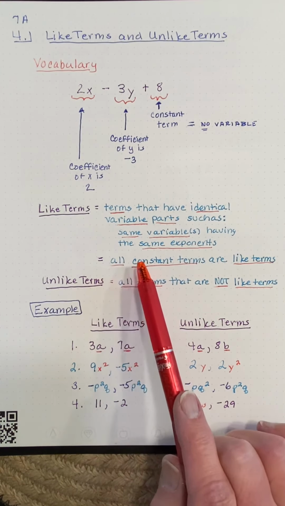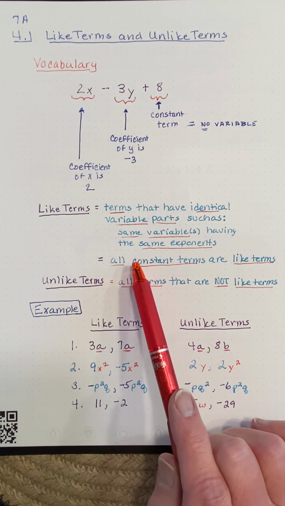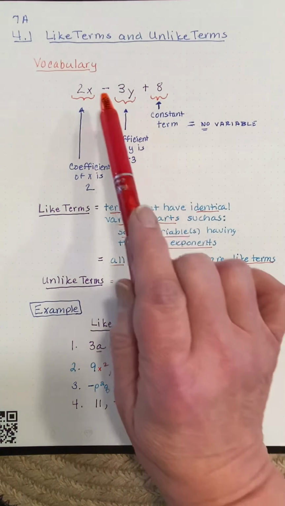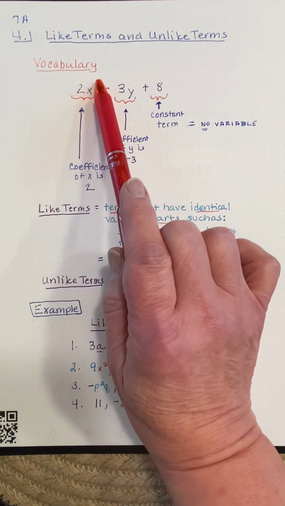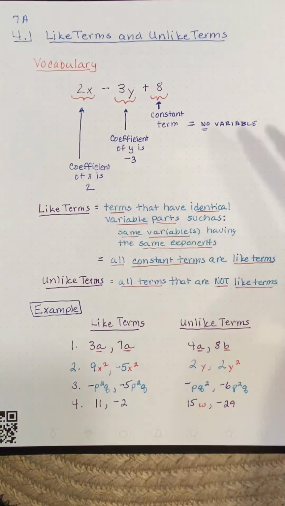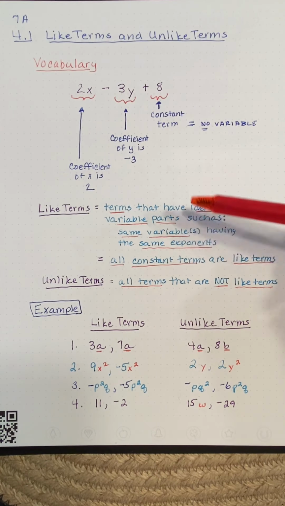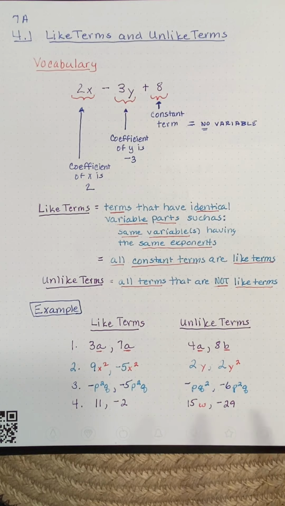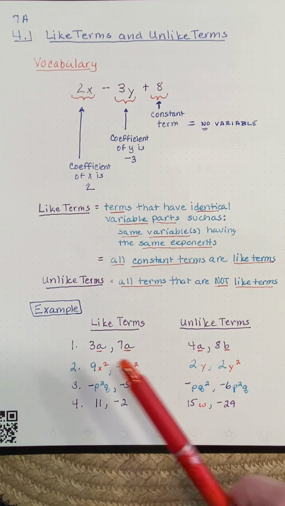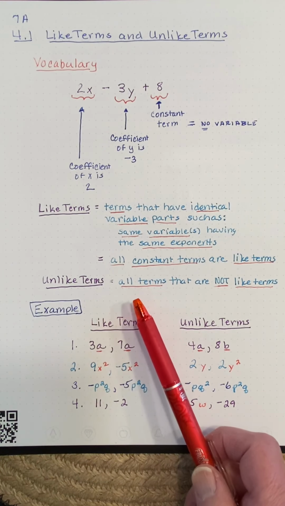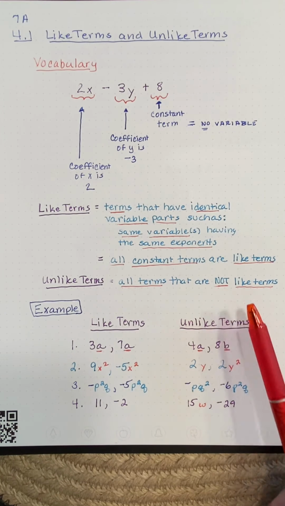Also, all constant terms are like terms. So it would be a variable like 2x, which of course would have the exponent of 1. And of course, they have to be exactly the same in order to be like terms. And then again, all the constants are like terms. Unlike terms would be the reverse, all terms that are not like terms.